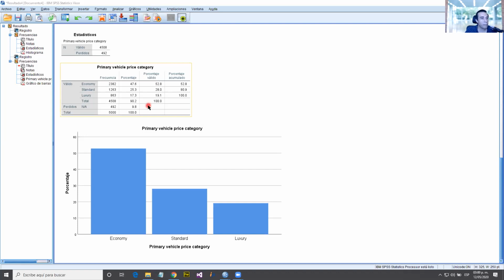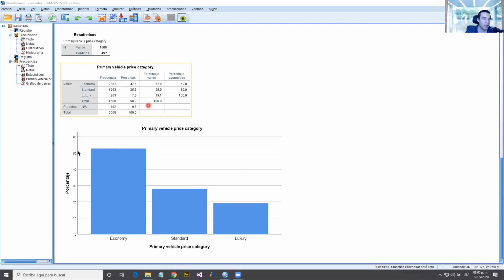So now, what is the valid percentage of people that are using the first option of car, economy? 52.8. Exactly.